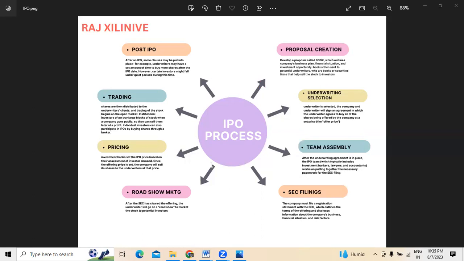As I mentioned here, IPO roadshow marketing and pricing, and the remaining areas too, must be done by expert people. This cannot be done by the organization on their own.